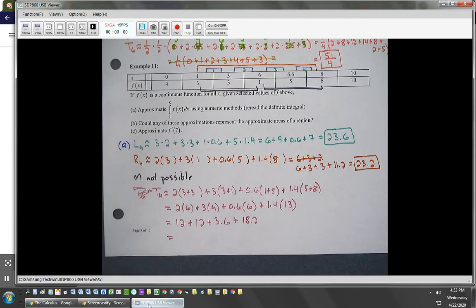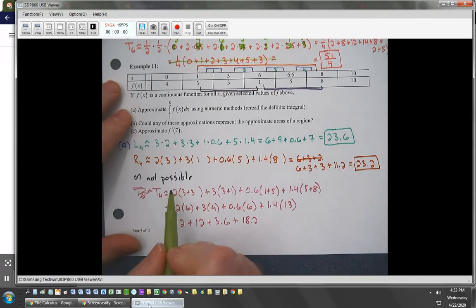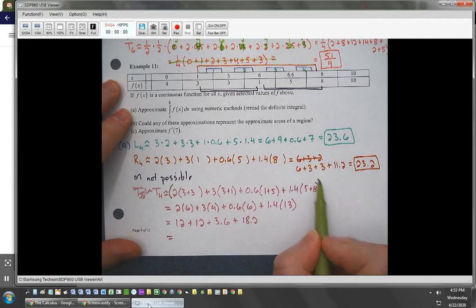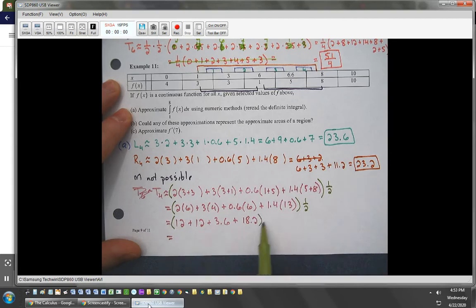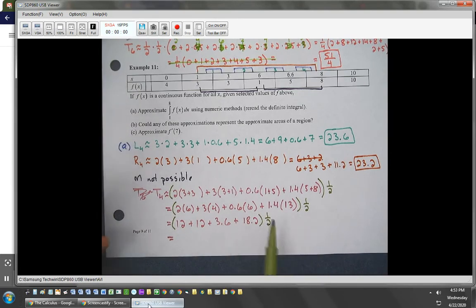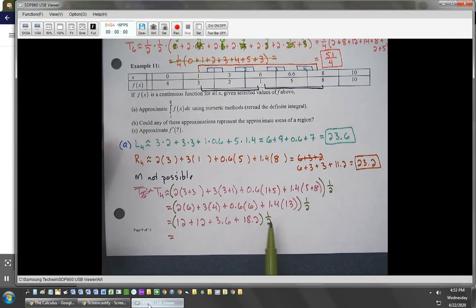What did I forget to times all of this by? 1/2. So now maybe it will end up being, because the trapezoid formula is 1/2 times width times base 1 plus base 2. So let's see.